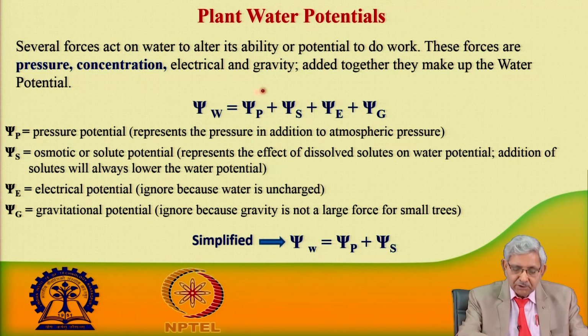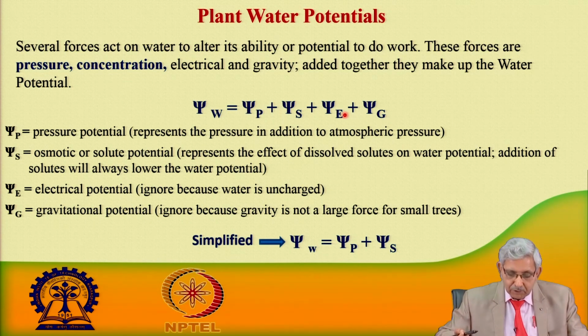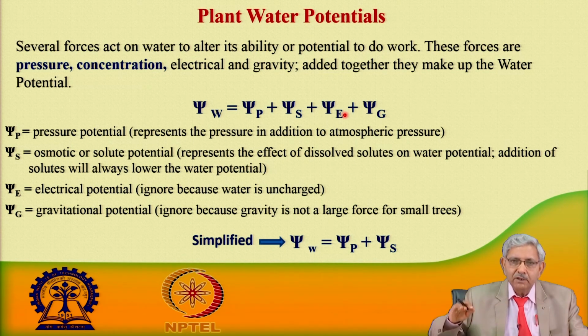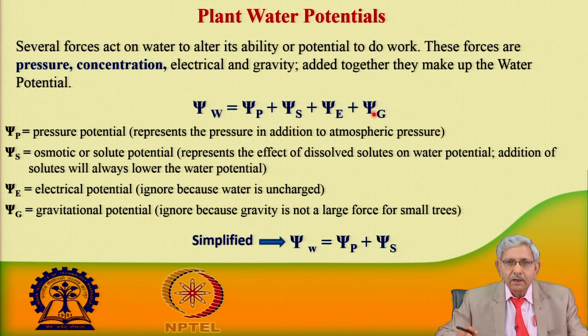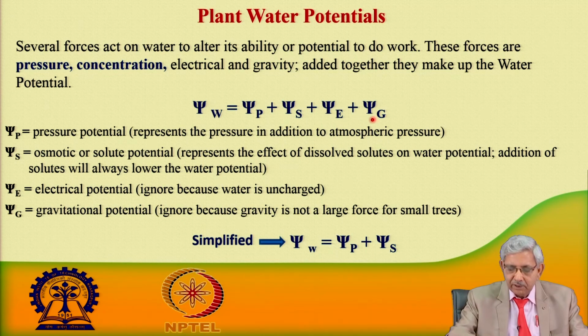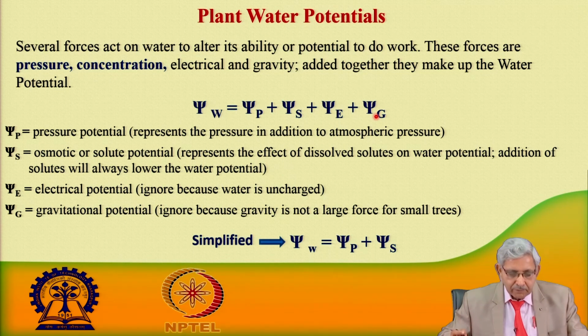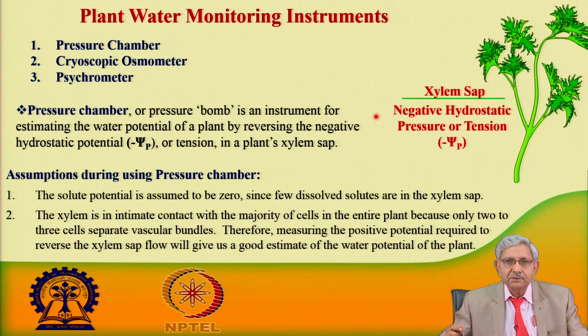The electrical potential, psi e, is very negligible if the water has 0 concentration of salt, or the value is very small, so there is not much change. G is also negligible when the plant is of smaller height, as it does not play a role. So, these two components can be taken as negligible, and the total water potential can be given by psi p plus psi s.